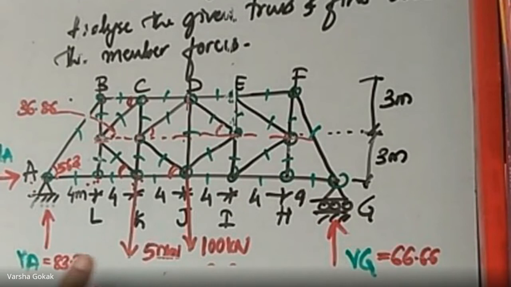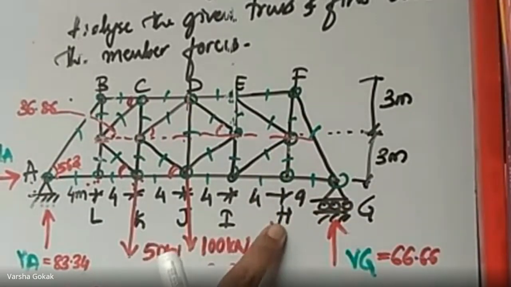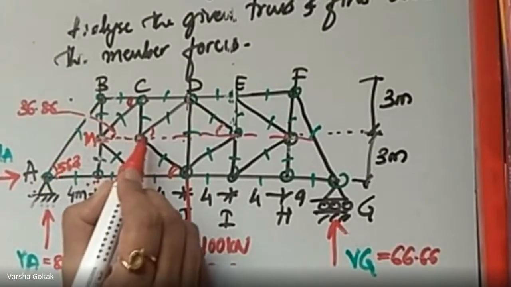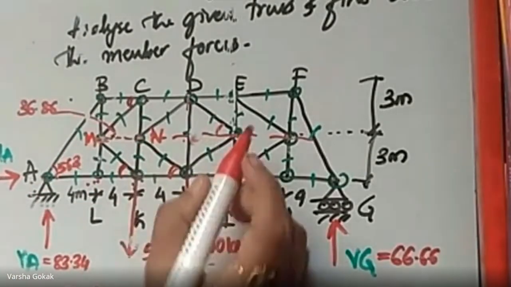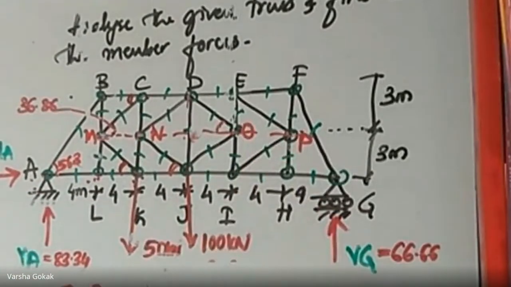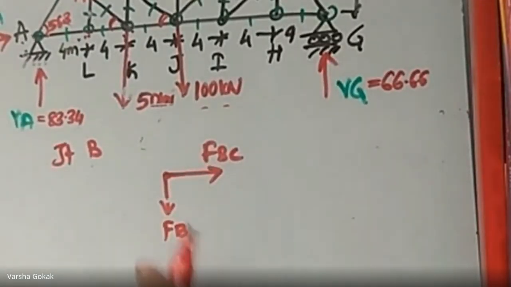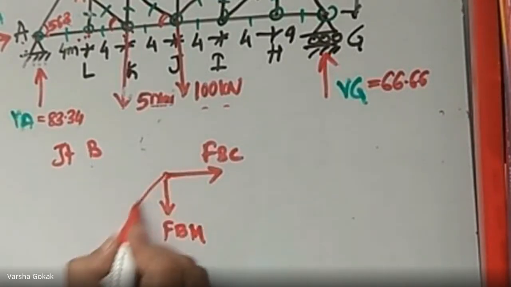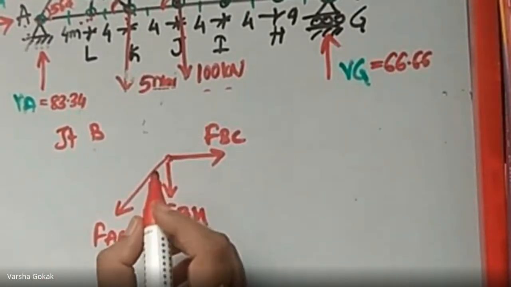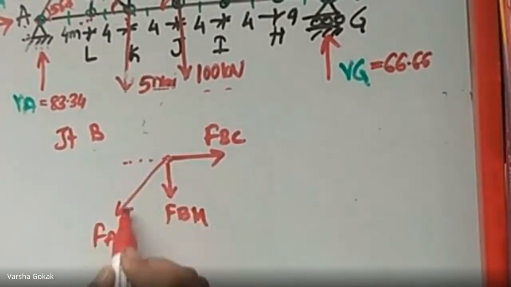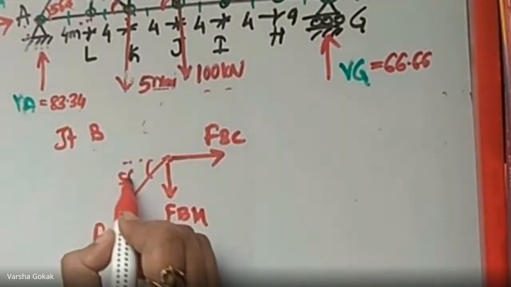ABCDFGHI, FGHIJKL. We stopped at L. We'll name these as M, N, O and P. 16 joints, no? 16 names should be there. So this becomes FBM. And there is this force, that is FAB only. And the angle, this was 56, so this is going to be 56.3.